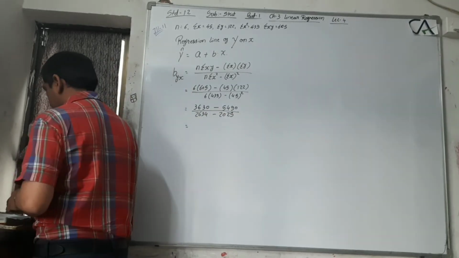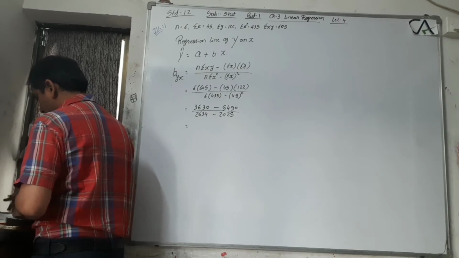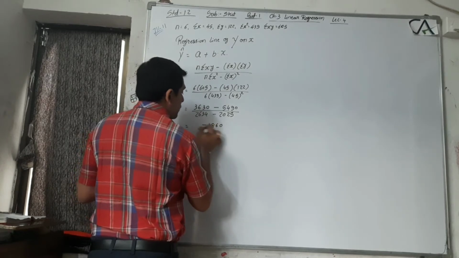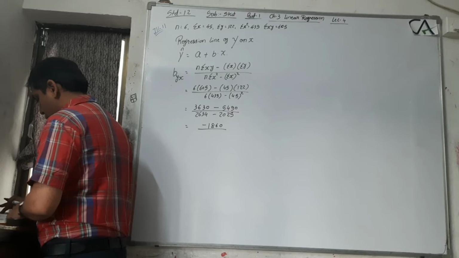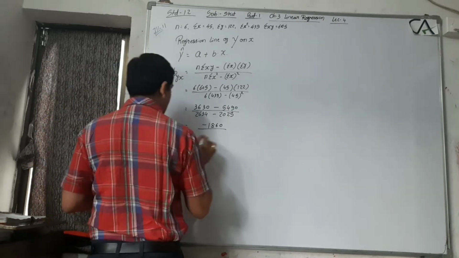Now subtract it. 3630 minus 5490, that is minus 1860, divided by 2634 minus 2025, that is 609.